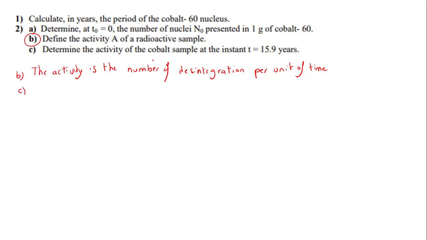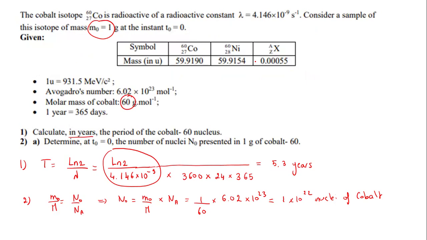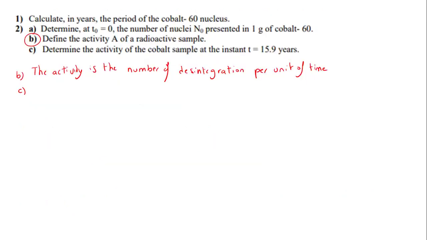Part C, determine the activity of the sample at the instant t equal to 15.9 years. In order to find the activity, we have the period. We have two ways to find the number: n equals n0 over 2 to the power n, or n equals n0 e to the power minus lambda t.